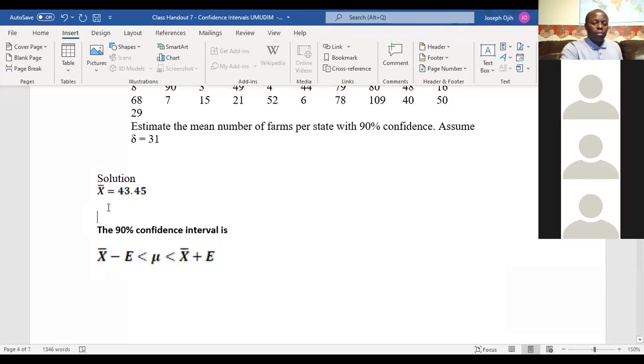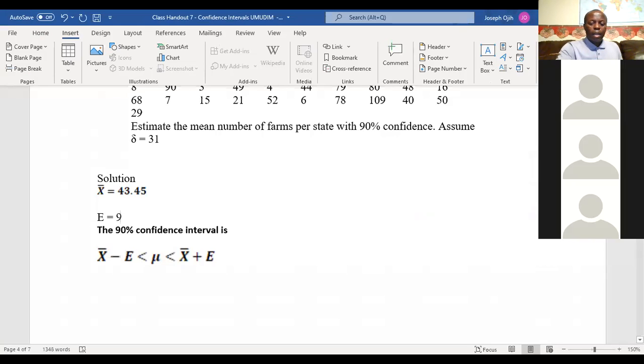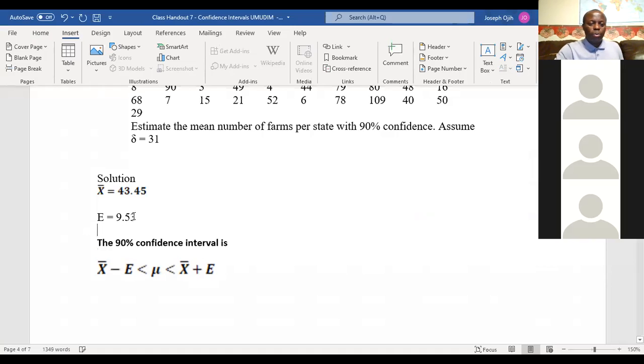Now our error, which we got from Excel, says that our error is 9.53. That's right here. So what you're gonna do is subtract this number on the left side and add it on the right side.